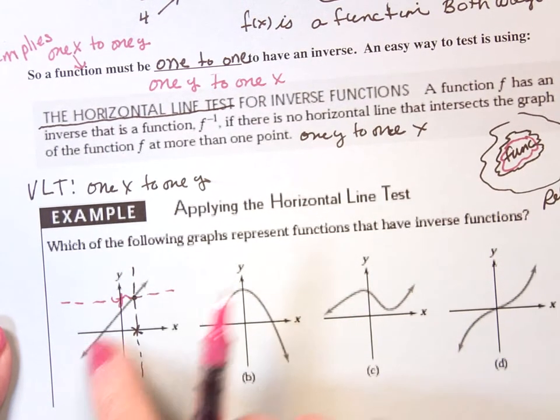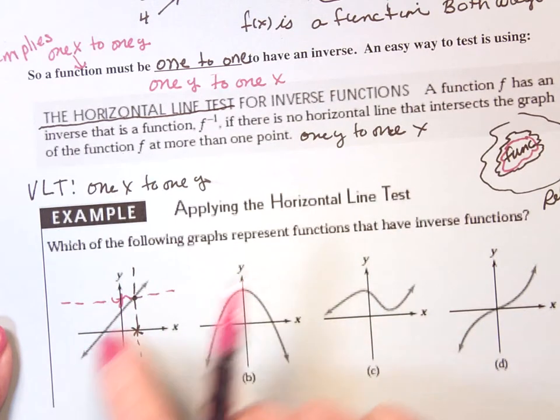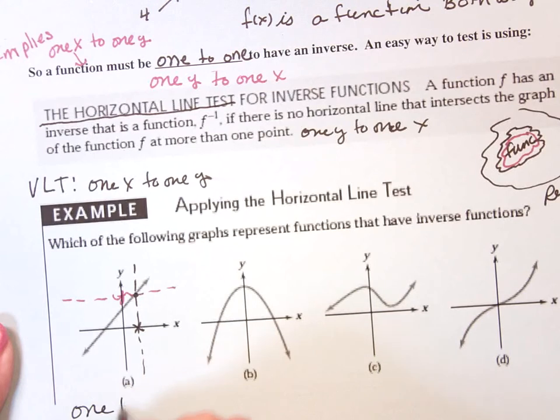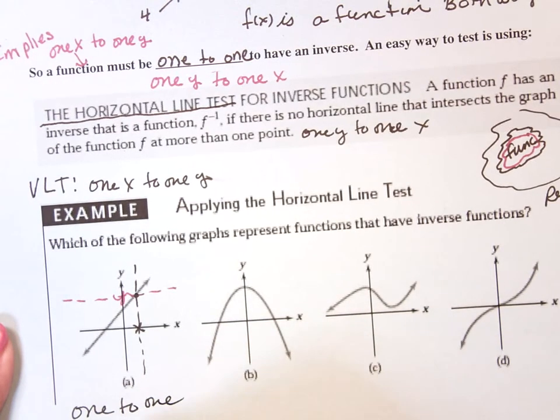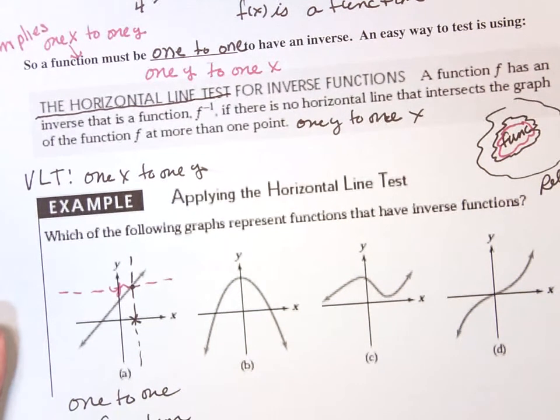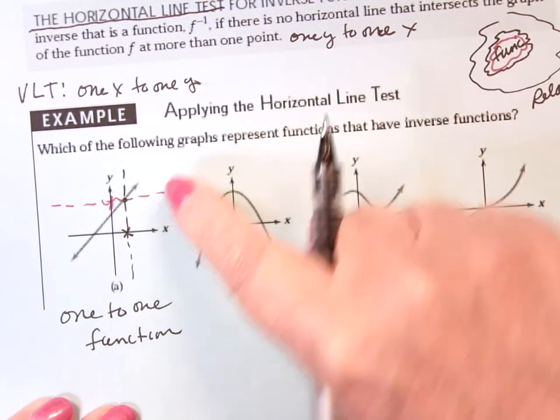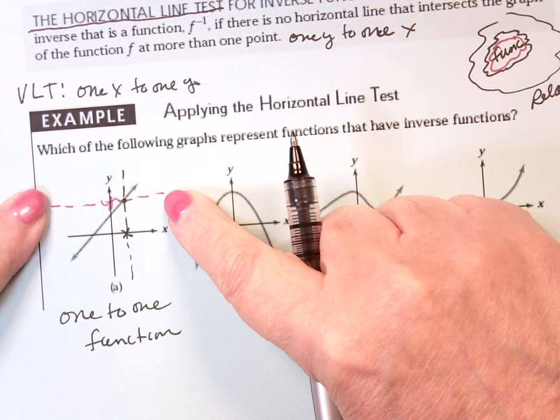And you notice it only intersects this line in one place. This guy would be a 1-to-1 function. Function implies it passes the vertical line test. 1-to-1 function means it also passes the horizontal line test.